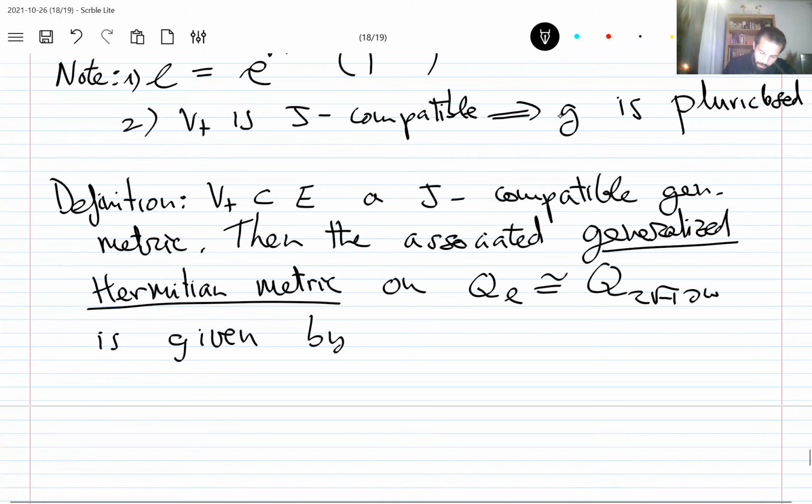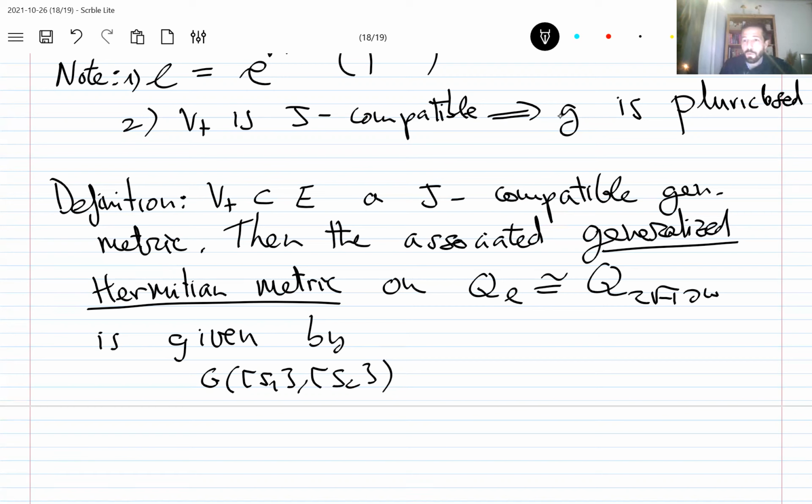G of the class of S1, class of S2, in the description of Q_L as a quotient, is given by minus 2 times the projection of S1 to B minus, inner product with the projection of S2 to B minus. And I have to take a conjugate here.